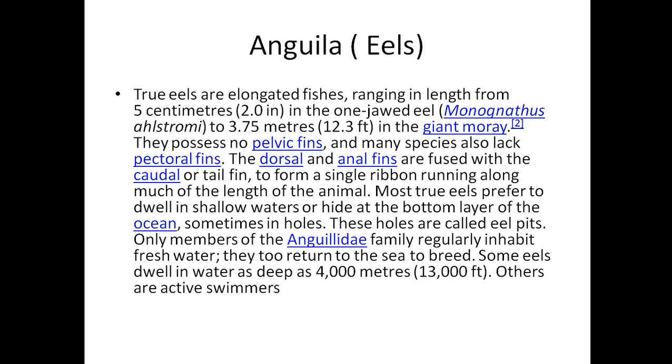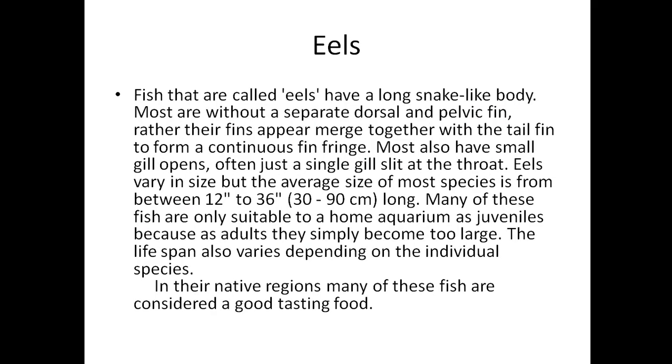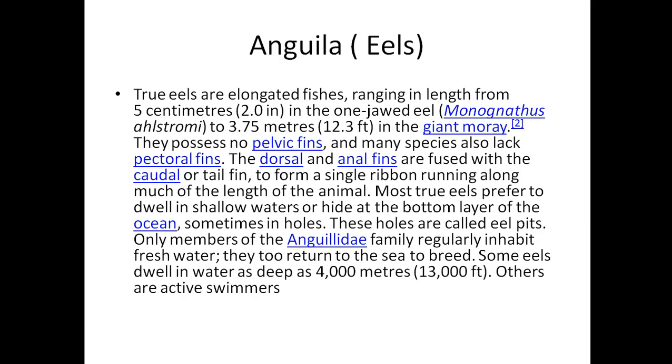An example is Anguilla. It's a genus in the eels. True eels are elongated fishes ranging from a length of 5 centimeters, and there are certain examples. In the last slide I told you the average length is 30 to 90 centimeters. Most of the species average size is 30 to 90, but there are exceptions.